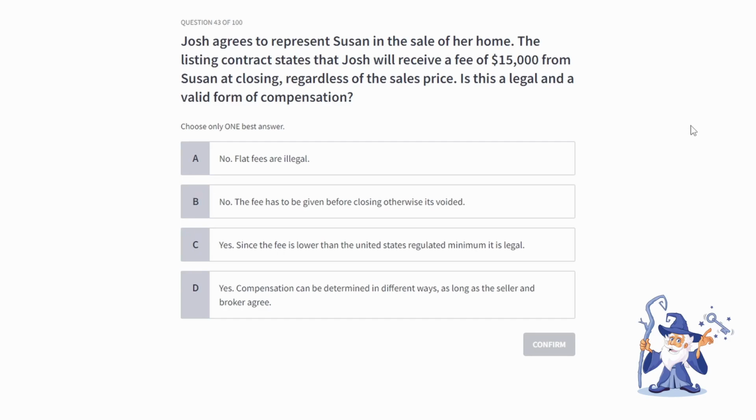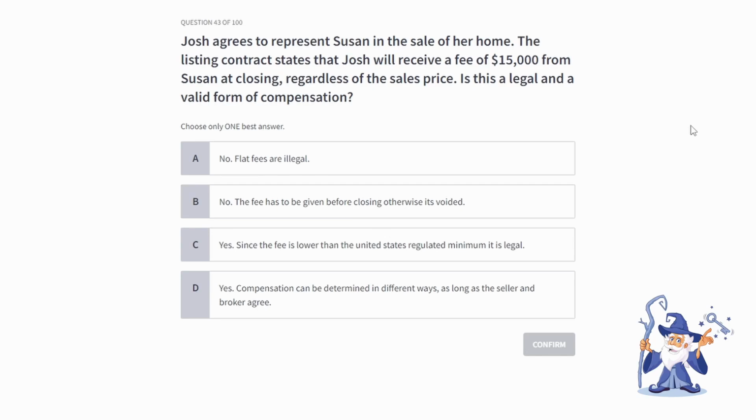Okay, question 43. Josh agrees to represent Susan in the sale of her home. The listing contract states that Josh will receive a fee of $15,000 from Susan at closing, regardless of the sales price. Is this a legal and valid form of compensation? And it gives us 4 options.